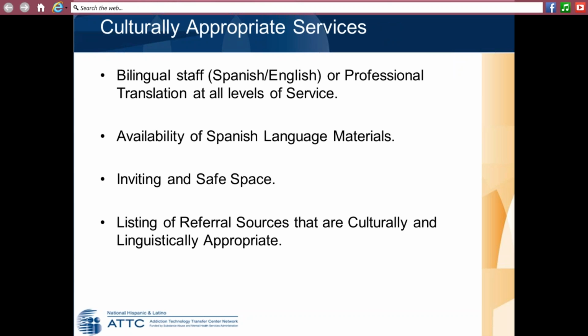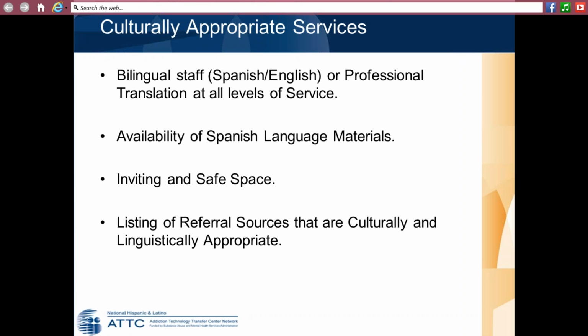In terms of culturally appropriate services, again, back to this piece on the staff, we're looking to send people where there are people who are understanding of their culture, that have bilingual staff, Spanish, English, but remember that some folks from Latin America speak other languages than English and Spanish. So if you're working within an area that has a large Brazilian community, you know that they speak a form of Portuguese.